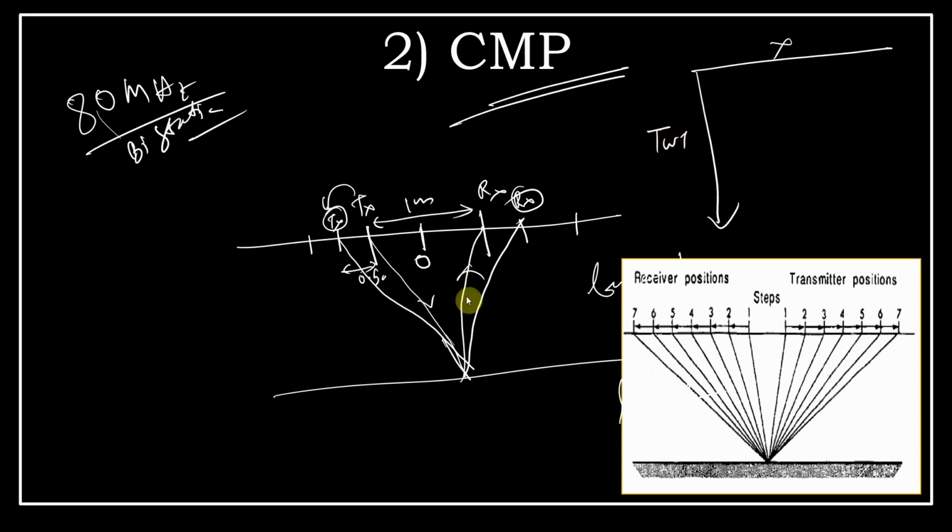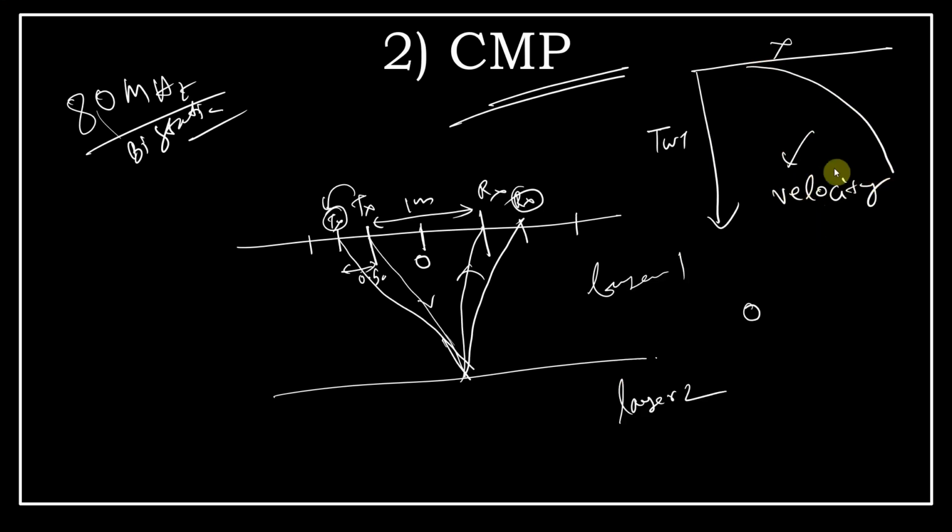Two-way travel time, you know that, I'm not explaining that part now. So it will give you CMP data like this. By doing the velocity analysis, just like seismic, you can estimate the layer boundaries and velocities V1, V2, V3.